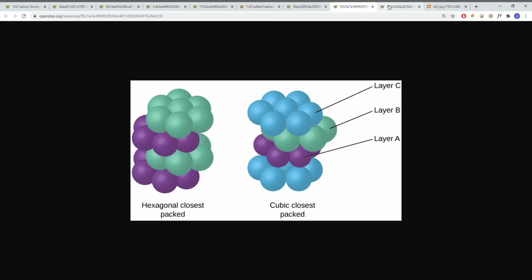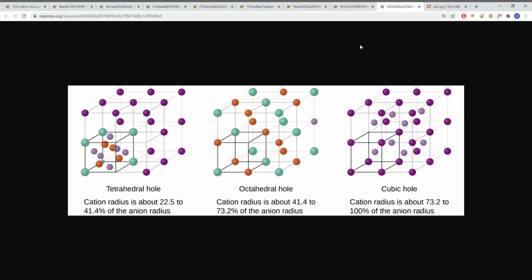There's an issue with ionic compounds. Cations and anions are not going to be the same size. So you are stacking together two different size particles, and they're not all going to have the same attraction to each other. So the pluses and the minuses are going to attract, and that's it. Pluses and pluses are going to repel, minuses and minuses are going to repel. So you have all these different factors for size.